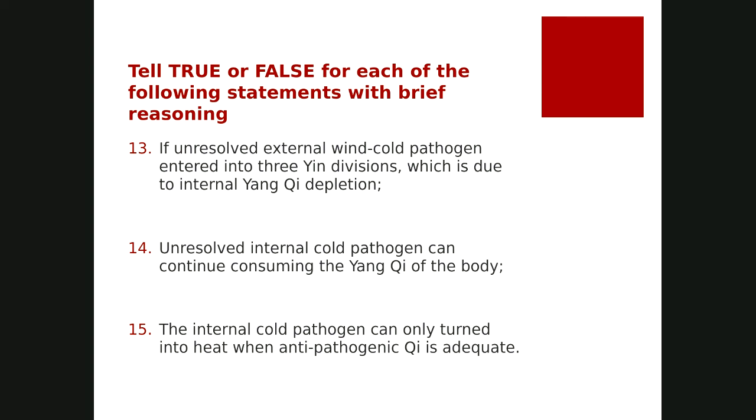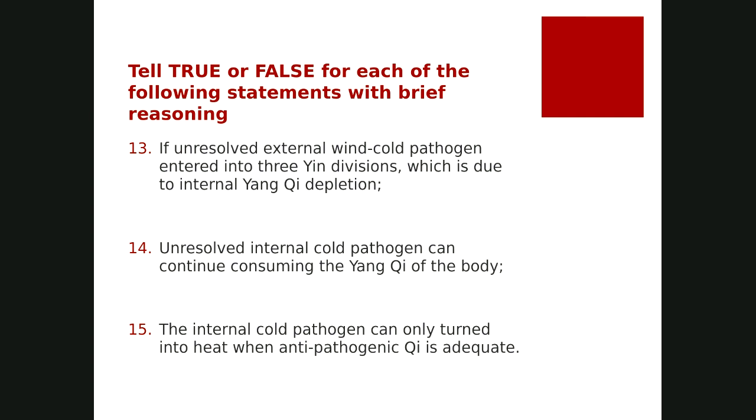Now, number 13, if unresolved external wind cold pathogen entered into the three yin divisions, it is due to internal yang qi deficiency. So this is common sense or revision for Classics 1. Is it right or wrong? Because the normal transition is from Taiyang, Shaoyang, Yangming, Taiyin, Shaoyin, Jueyin.